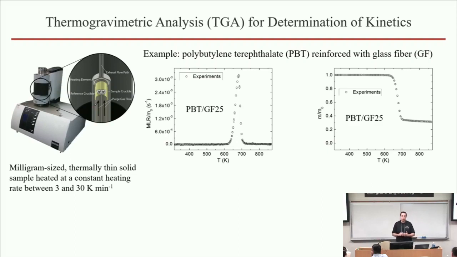For those of you who are not familiar with this technique, you take a milligram-sized sample and heat it linearly with time in a very well-defined atmosphere. Most of the time we use nitrogen because we're approximating the burning of solids underneath the flame. And as you heat this sample up, you measure its mass as a function of time.